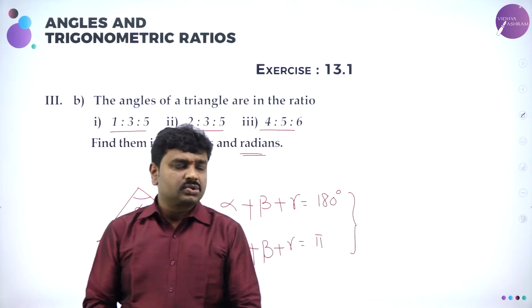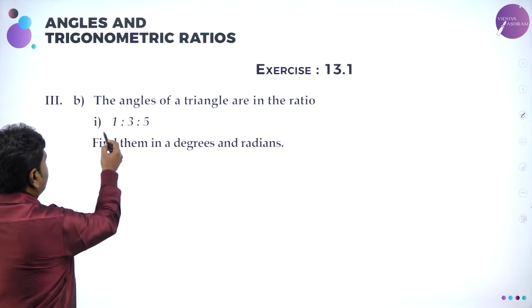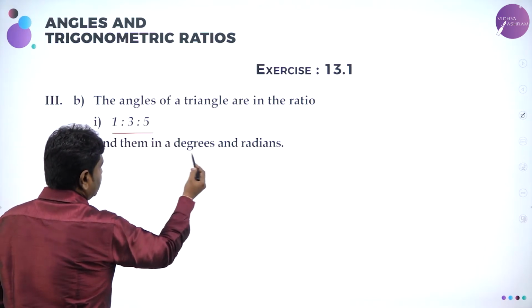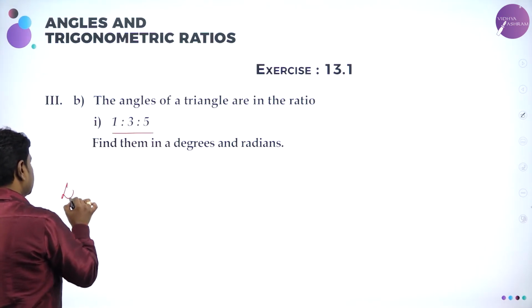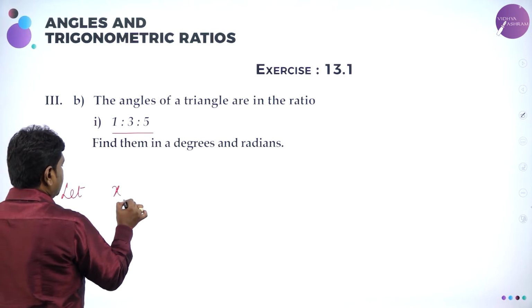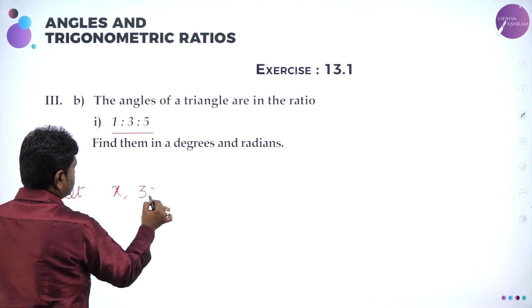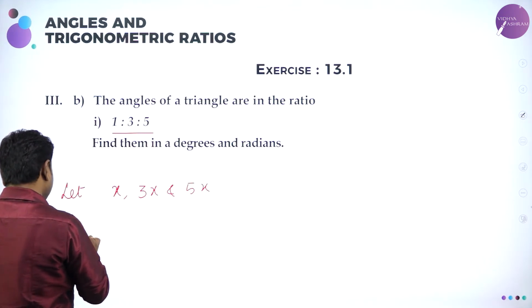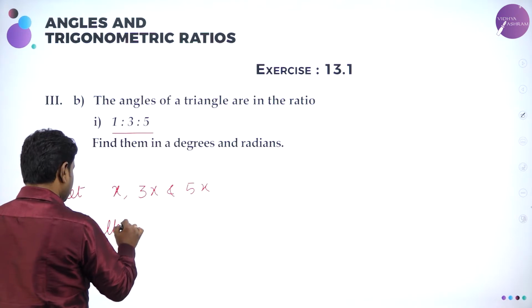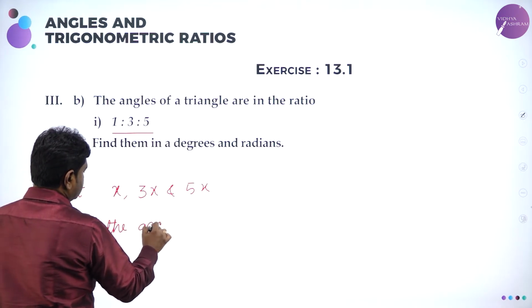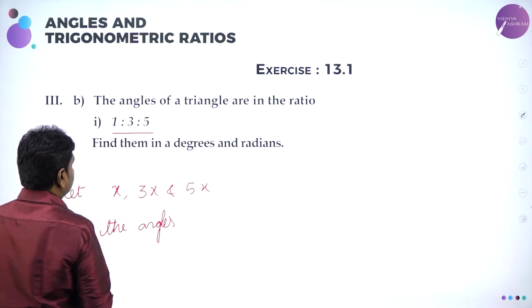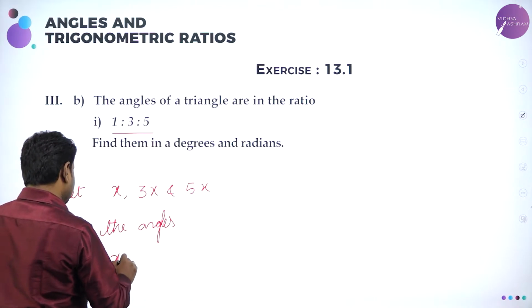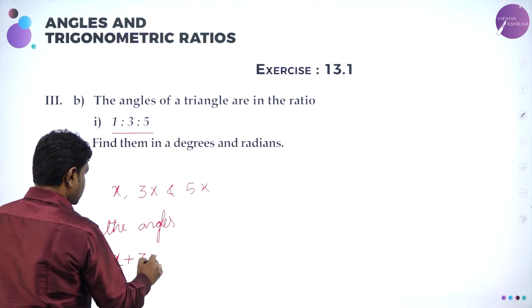Anything is fair. So first they gave 1:3:5. Find the degrees and radians. So let 1x, 3x and 5x be the angles. Now the sum of the angles is what? 1x plus 3x plus 5x.